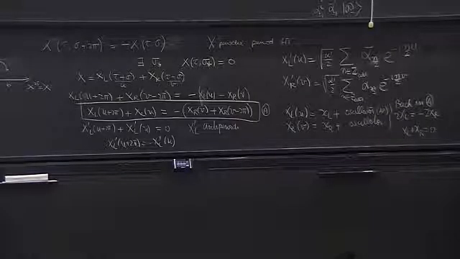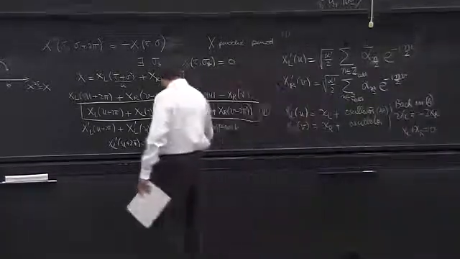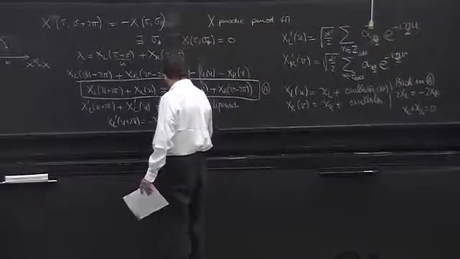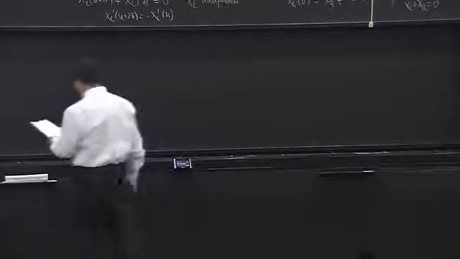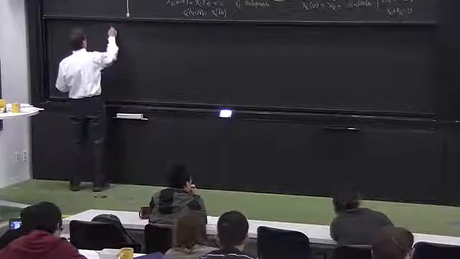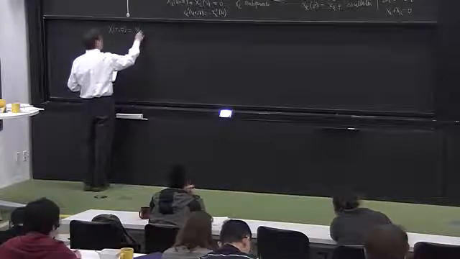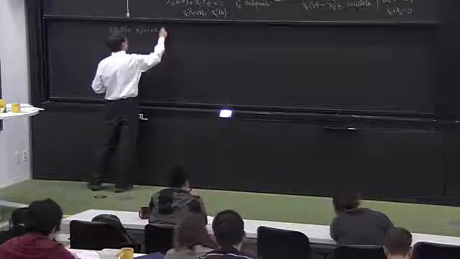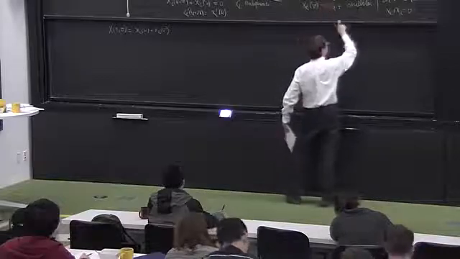Those little x's. So when we add up the two of them, x of tau and sigma is going to be x left of u plus x right of v. And I must add these two, but you get x left plus x right equal to 0.